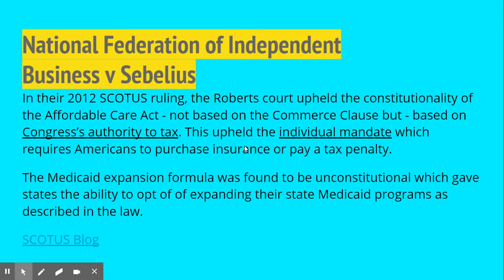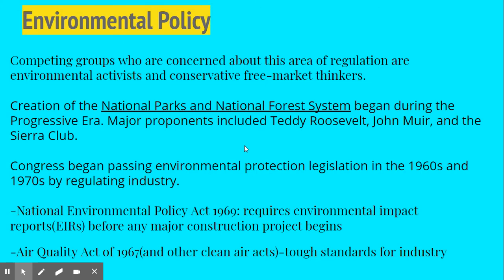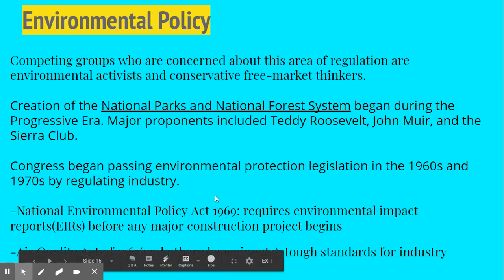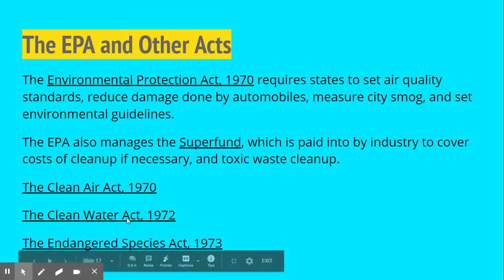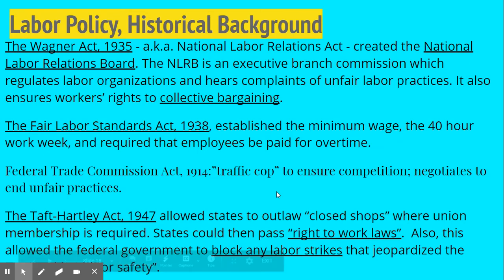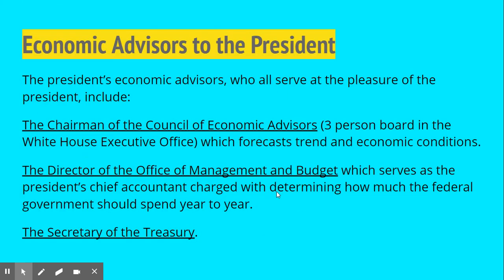So just read through those and you can see how the policy is enacted and how it is carried out by the executive branch. And then you'll see some different legislation and these different issues that you might need to be aware of, especially some of these right here. So go through these different policies and the categories and read through that list in your notes, okay? All right, and I'm going to trust you to do that on your own.